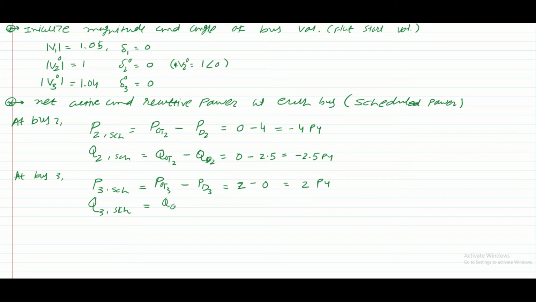Qg3 minus Qd3 is not specified to us, generation and demand is not given. So again it is a question, that we are going to calculate if it is required. Okay, I hope you have cleared up to this.